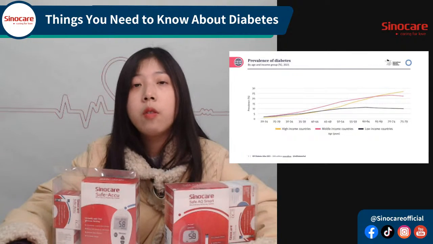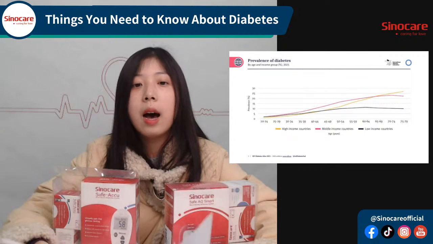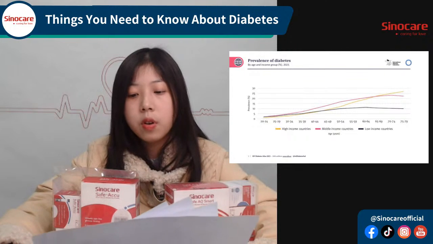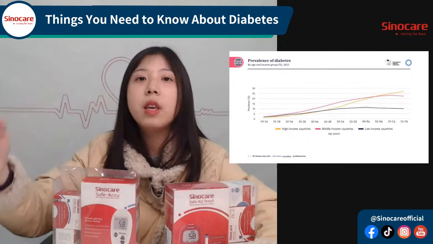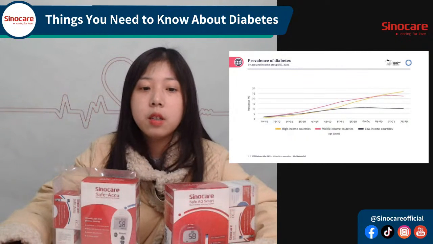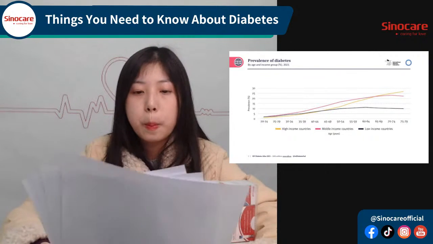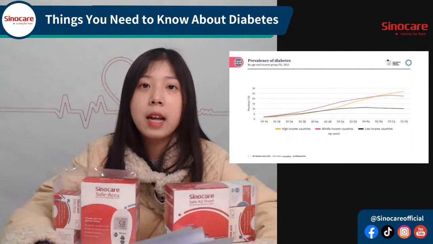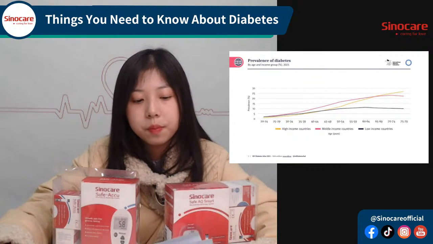So high carb foods will raise your blood sugar in a short time, so you will have a high risk of getting diabetes. But for middle and high income countries, people can eat healthy food, which means they will have a lower rate of getting diabetes.